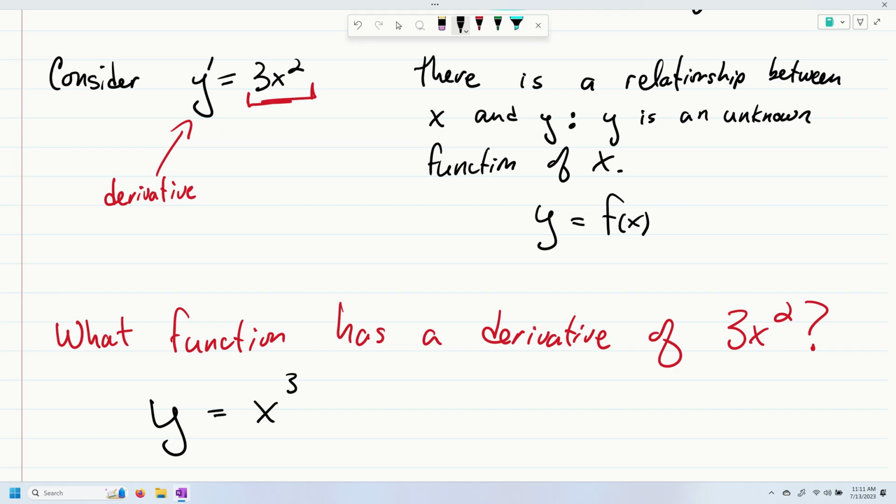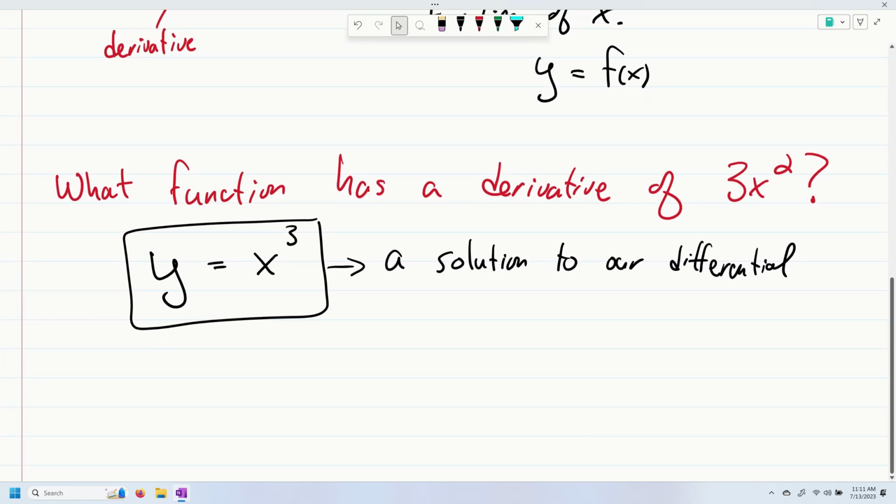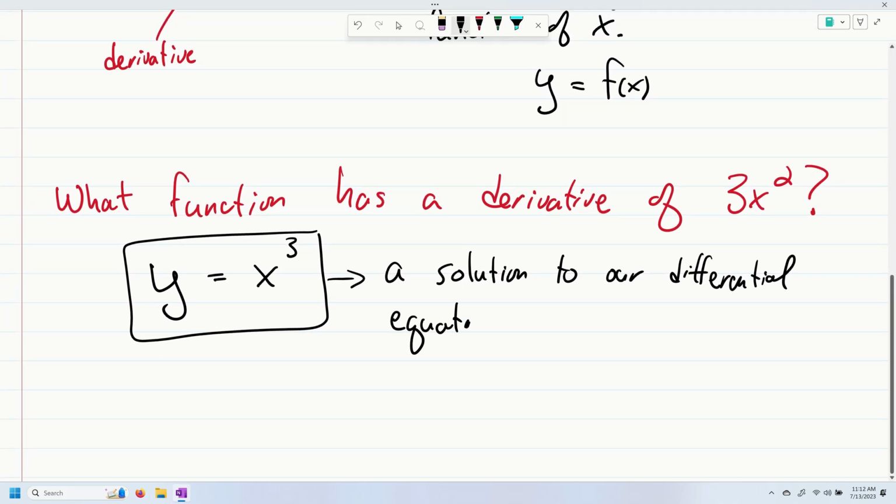So this is considered to be a solution to our differential equation y prime equals 3x to the second.